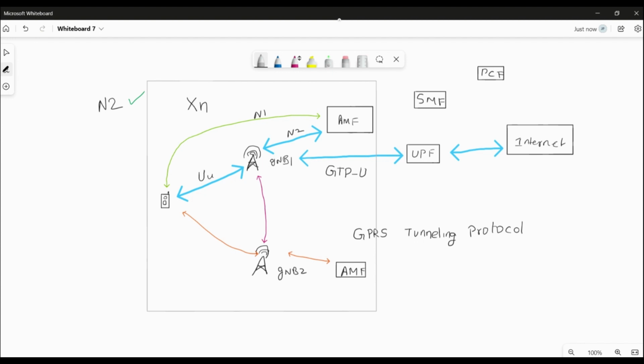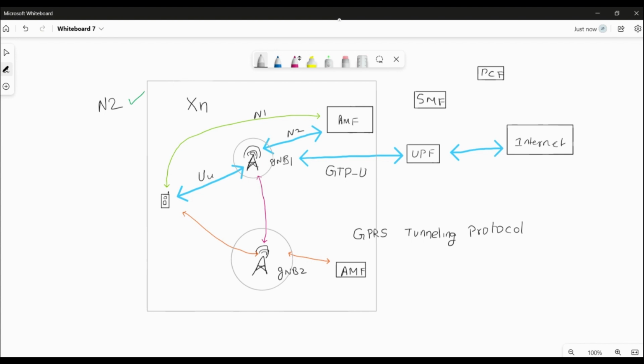This procedure is called the handover from one cell in the network to another cell.